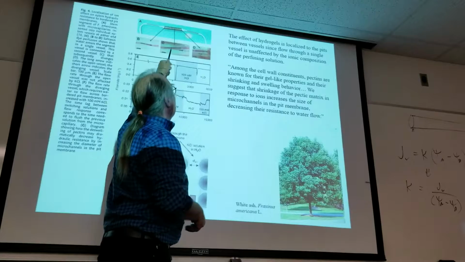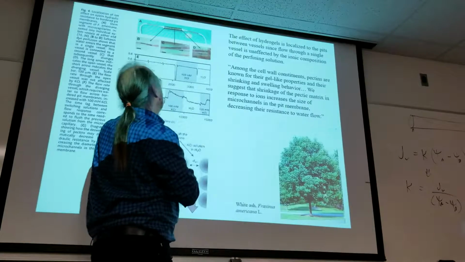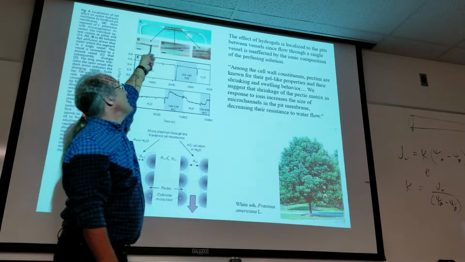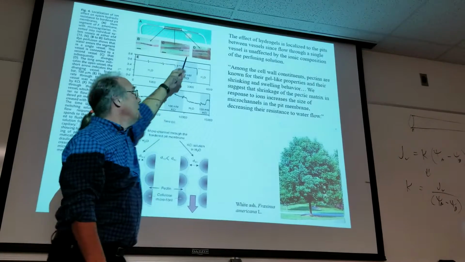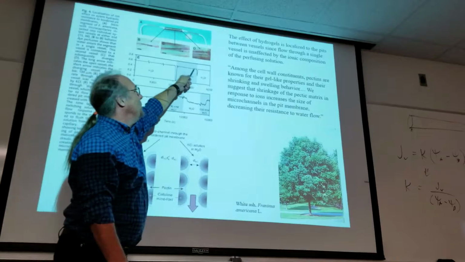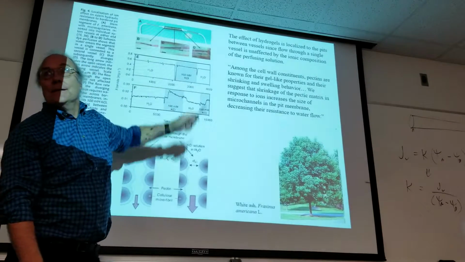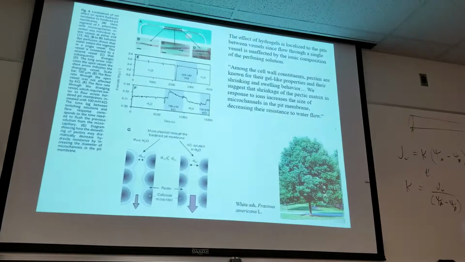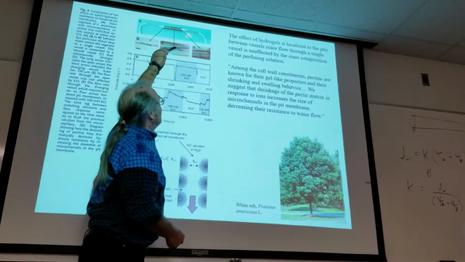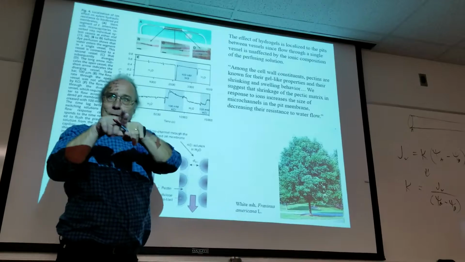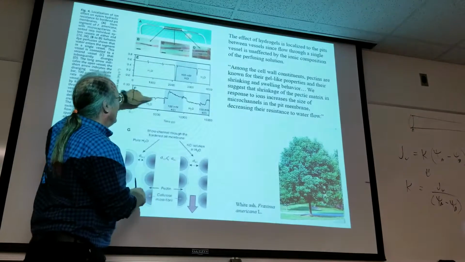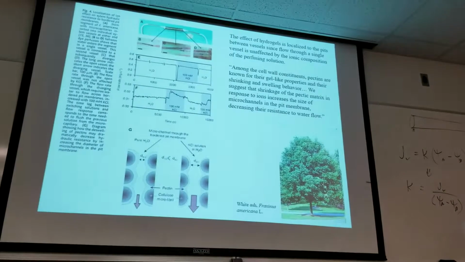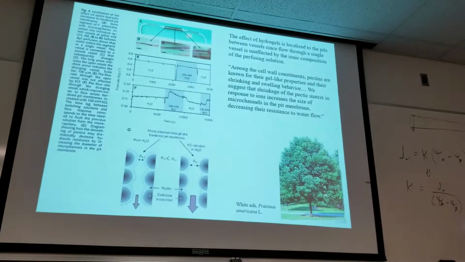When they measured the flow rate through one vessel, it didn't matter what the ionic concentration was. Same flow rate. It was only when the vessel diverged, or they had more than one vessel, that they were able to show this change in the flow rate through that piece of stem, the change in the hydraulic conductivity through the stem.